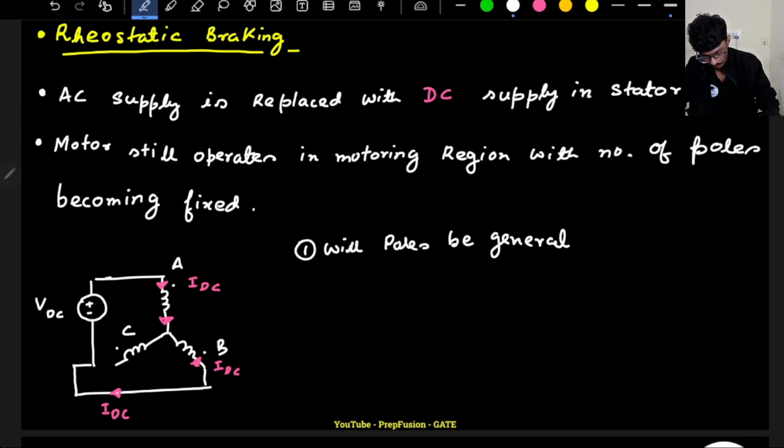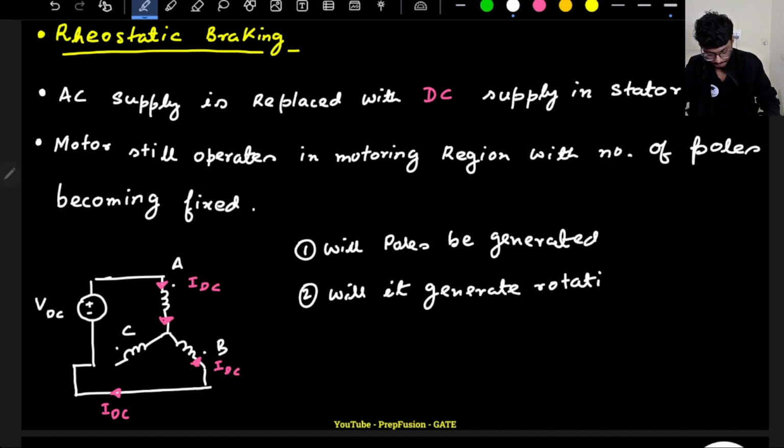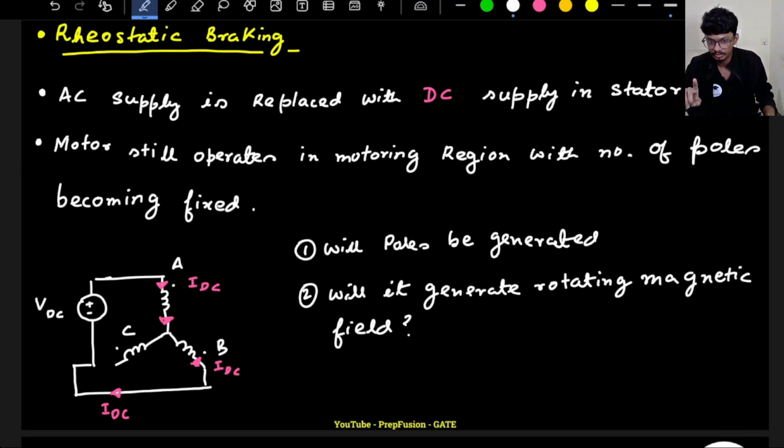And second question, will those poles generate a rotating magnetic field? Pause the video, think about it, and let me know in the comments.